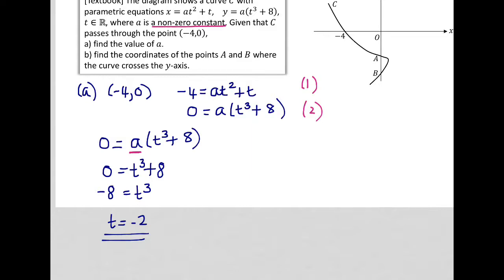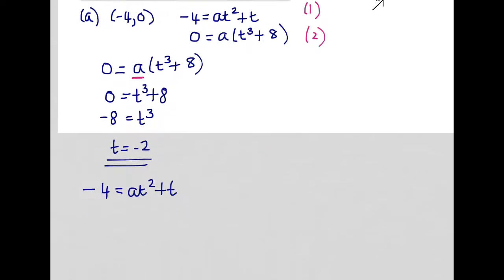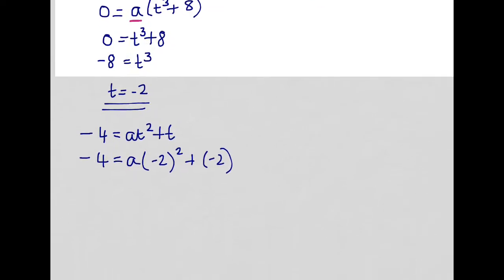So if I now look back up at equation 1, then -4 equals a multiplied by -2 squared plus -2. Keeping going, that would be 4a subtract 2.